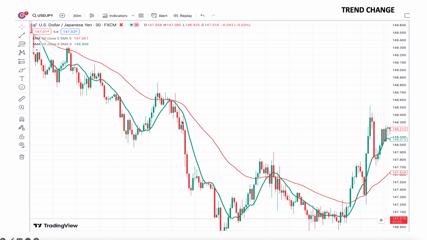So you can see I have used the EMA 50 and the SMA 10. Now the SMA is much slower, like I said, so it takes time to calculate, and the EMA is faster. So the 50 shows a bigger, further resistance, and the 10 has a smaller resistance. If it's calculating the previous 10 candles, it's easier for it to aid in its direction.